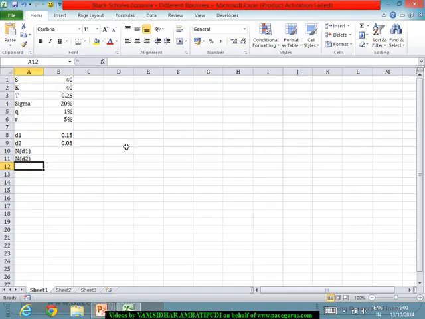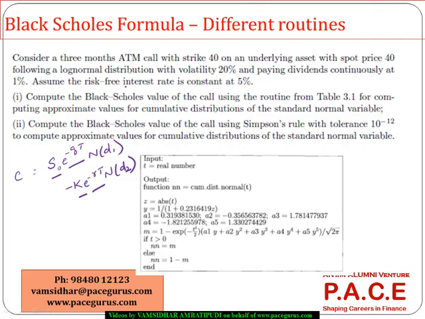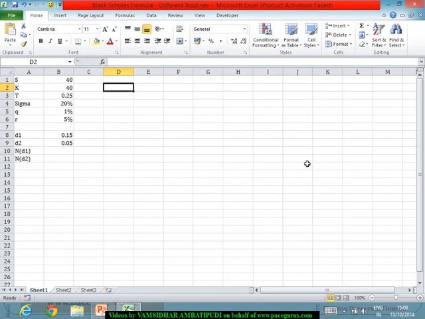So for that, I have to compute this N of d1 and N of d2 going with different kinds of routines, different kinds of mechanisms. One such routine is presented to us here, and it says using this try finding out the value of the cumulative normal distribution. Okay, let's try it out.